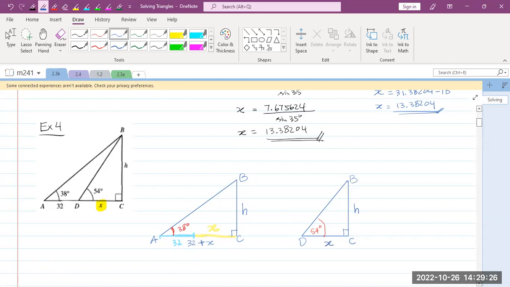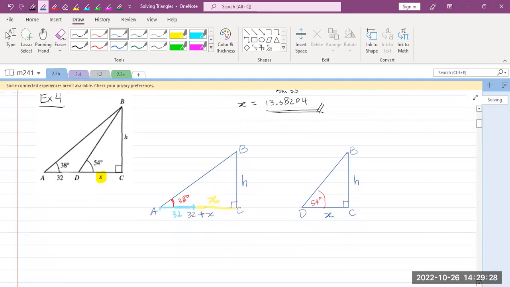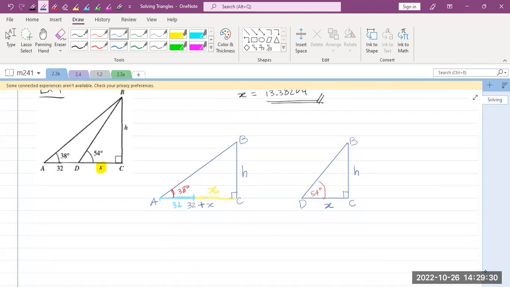Okay, now let's set up the equation. In the first big triangle, the function that relates h, 32 plus x, and 38 degrees is the tangent function, right?